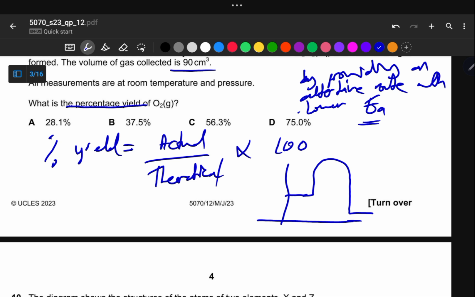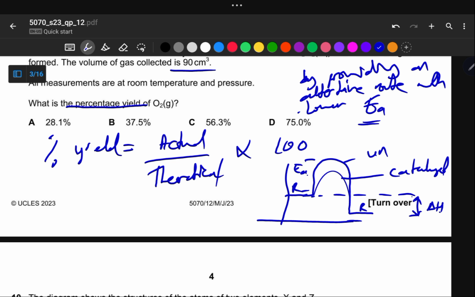Some of the energy is being lost to the environment. Here is the uncatalyzed and here is the catalyzed reaction, with the reactants and the products. This is the enthalpy change, the energy change for the reaction, and this is the activation energy.